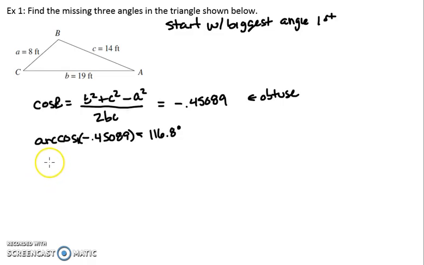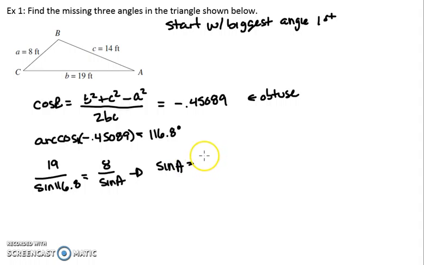We can say that 19 over the sine of 116.8 is equal to 8 over the sine of A. So the sine of A is going to be equal to 8 sine of 116.8 over 19, which is approximately 0.37583.